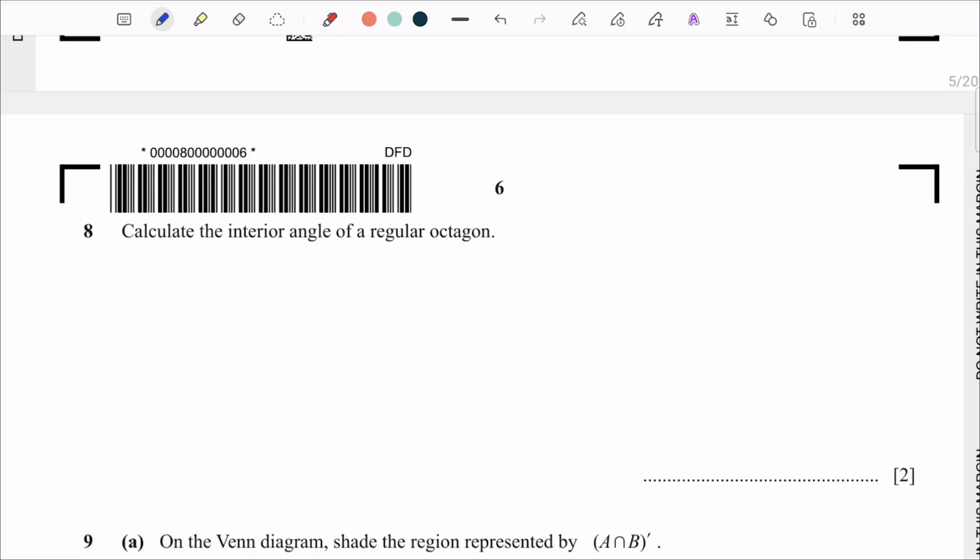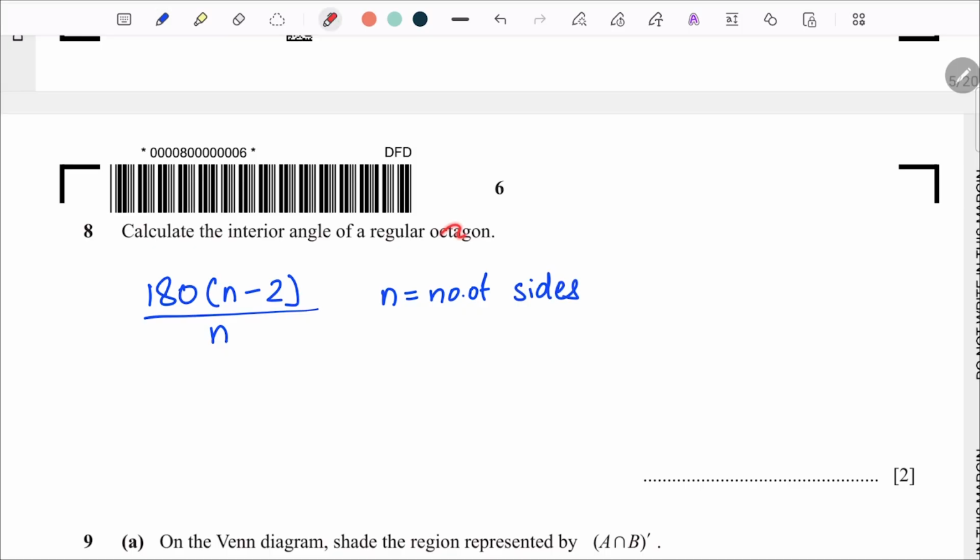Question number 8. Calculate the interior angle of a regular octagon. Now, the formula to calculate the interior angle of any regular shape is 180 multiplied by n minus 2 divided by n, where n stands for the number of sides. Now in the question it's stating that the shape is an octagon. Oct stands for 8, so an octagon will have a total of 8 sides.